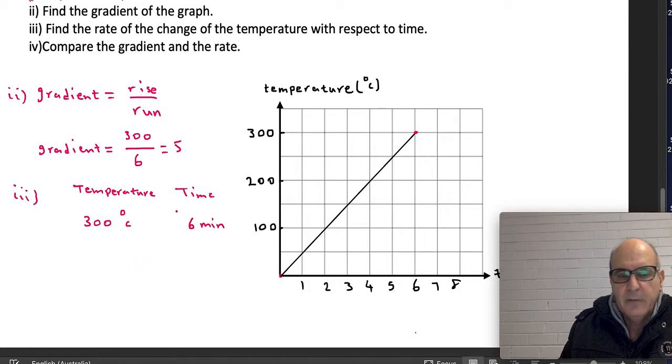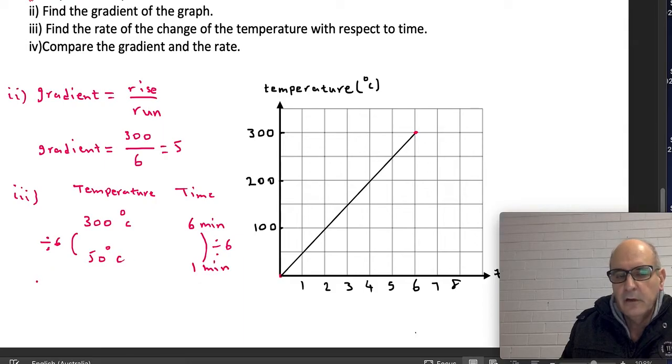That is my second quantity. I have to make it 1. How do I make 6 into 1? By dividing by 6. Because I divided this by 6, I have to divide this also by 6. 300 divided by 6 is 50. So 50 degrees centigrade for 1 minute.